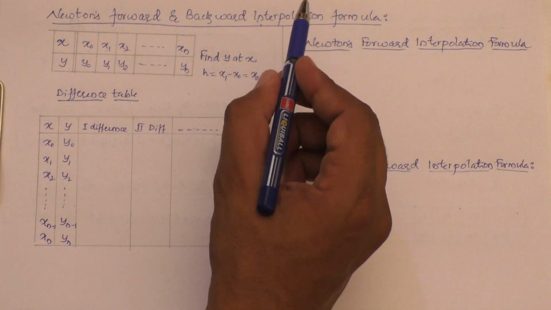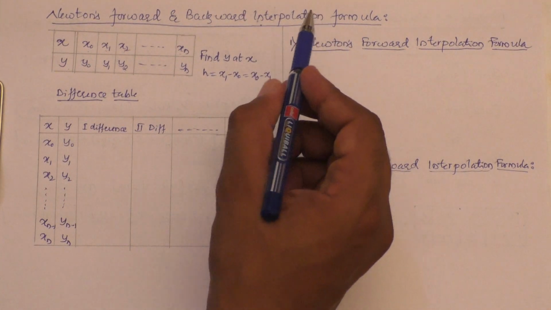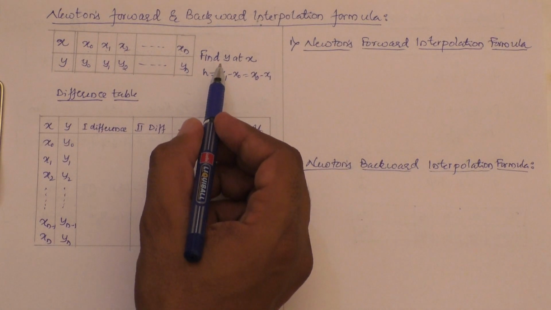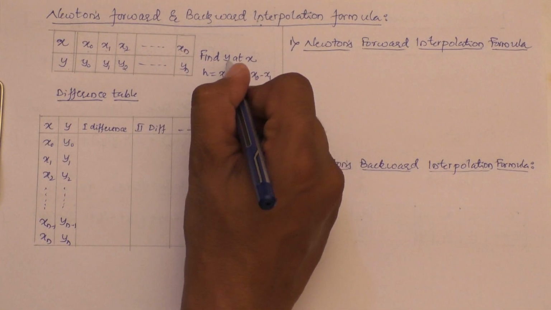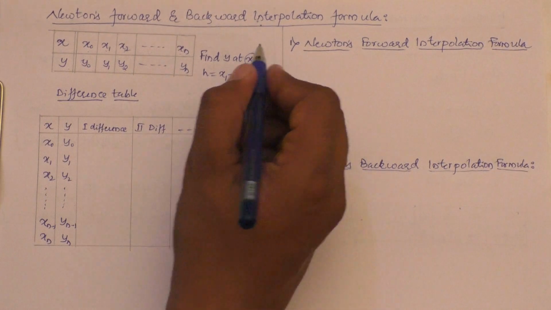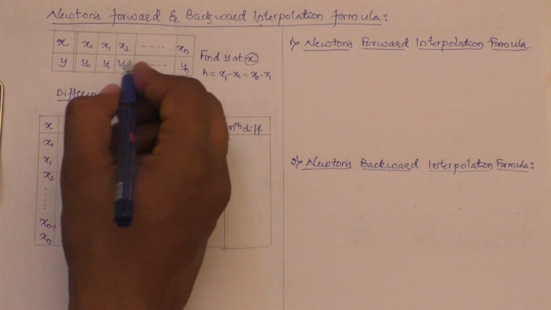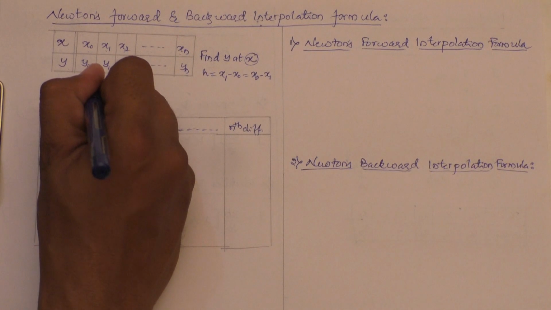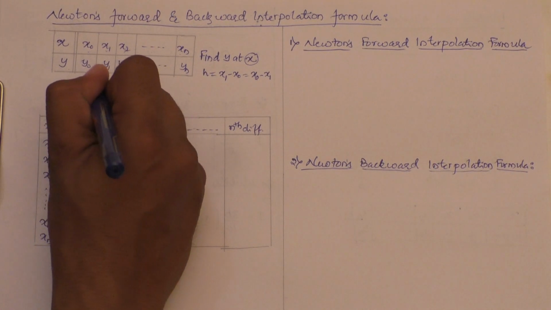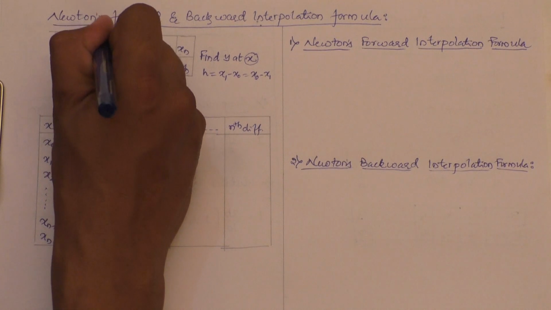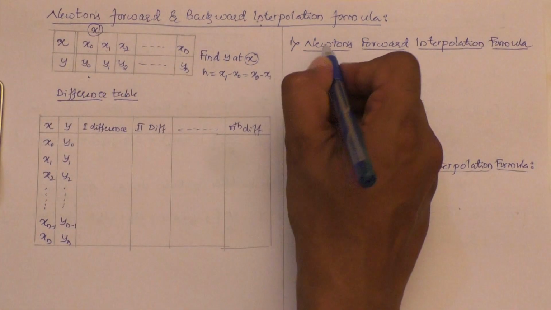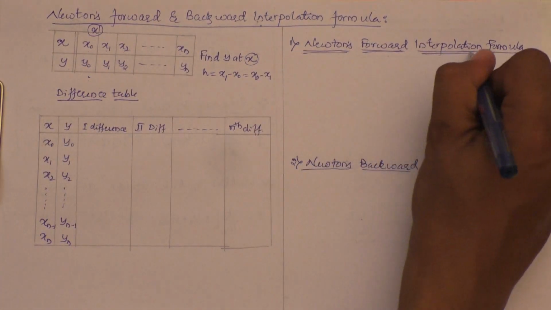Before applying the formula, first check whether the x at which you are finding y is in the first half or second half. If x is near x0, then you need to apply Newton's forward interpolation formula.